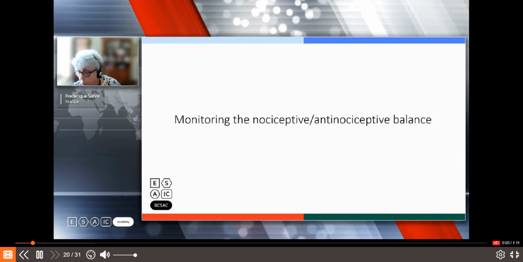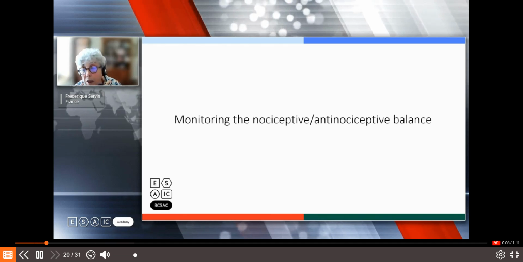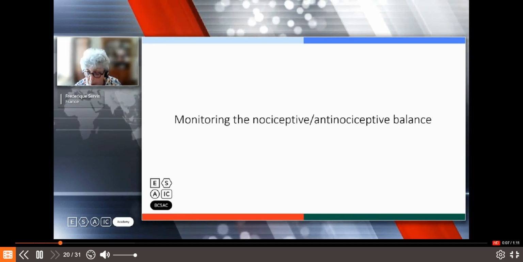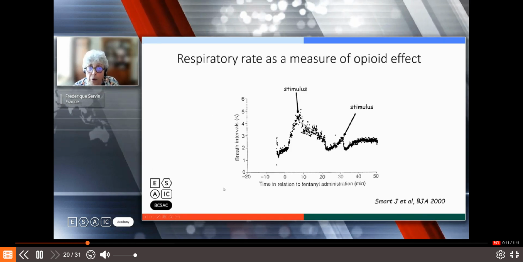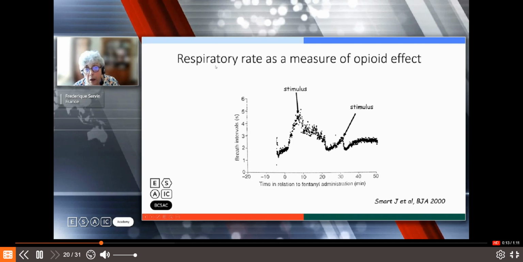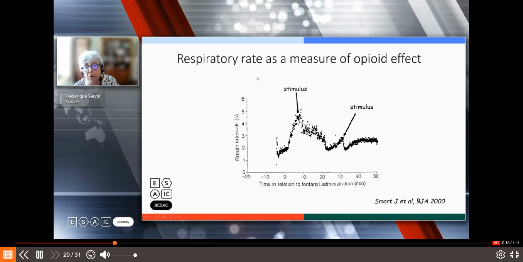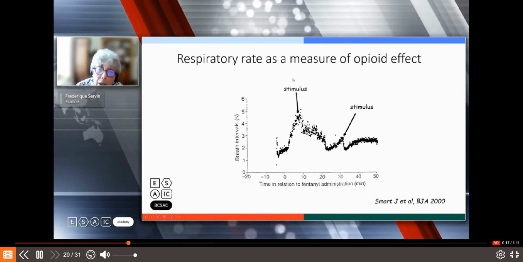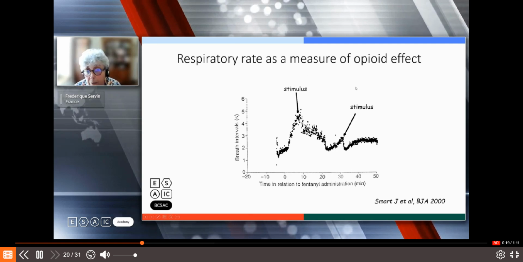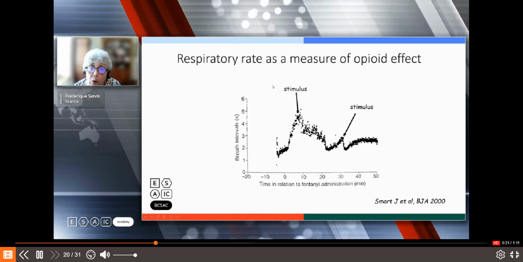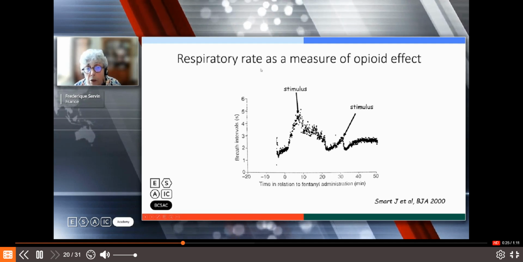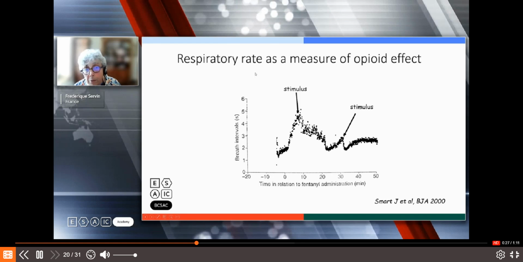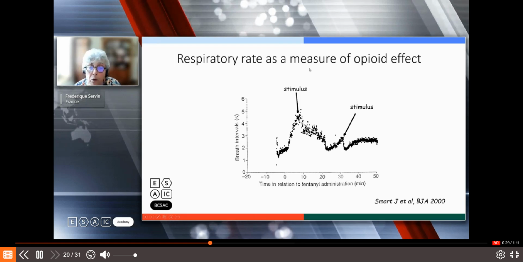So now a few words on monitoring the nociceptive-antinociceptive balance. It is more complicated to measure the nociceptive-antinociceptive balance than the hypnotic sedation step. One of the reasons is that you measure the answer to a stimulus, but you cannot anticipate the stimulus.